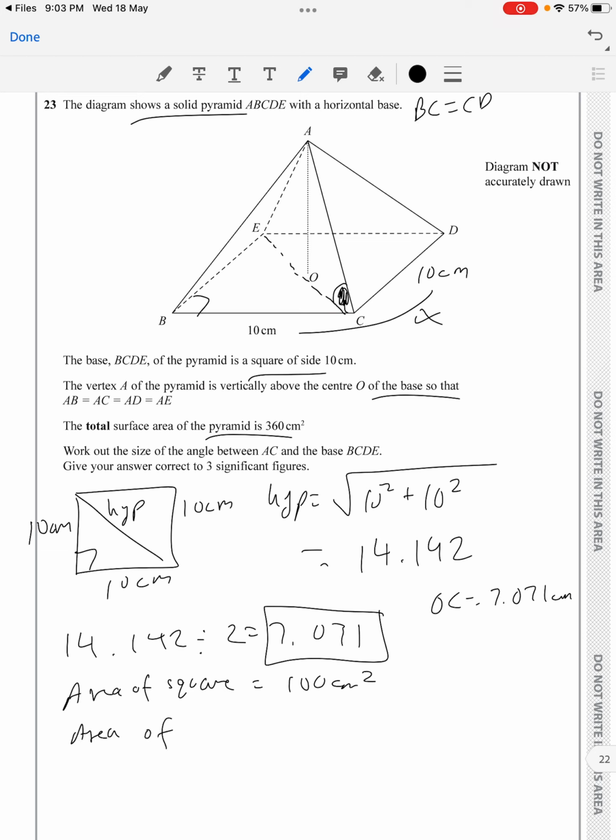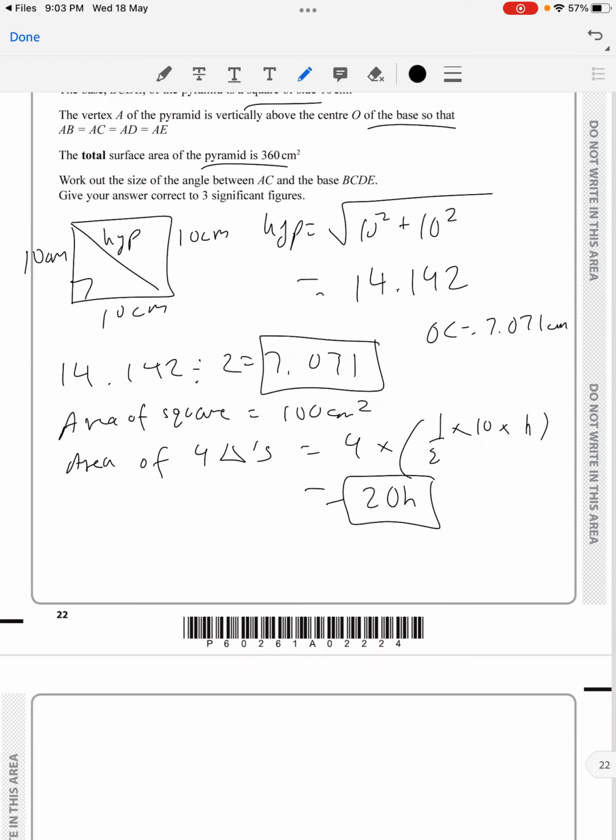The area of four triangles is equal to 4 times a half times the base, 10, times the height, which is not given. So that's going to be 20H. That should be your answer.